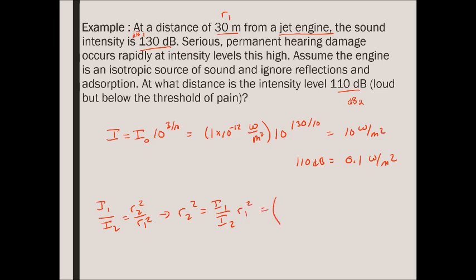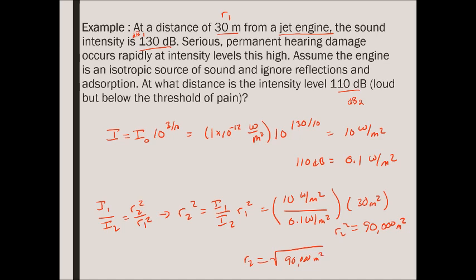I1 was 10 watts per meter squared over 0.1 watts per meter squared, times my original radius of 30 meters squared, which gives me 90,000 meters squared as R2 squared. So R2 is equal to the square root of 90,000 meters squared, or 300 meters. So to go far enough away to make the jet engine not hurt your ears, you have to be at 300 meters.